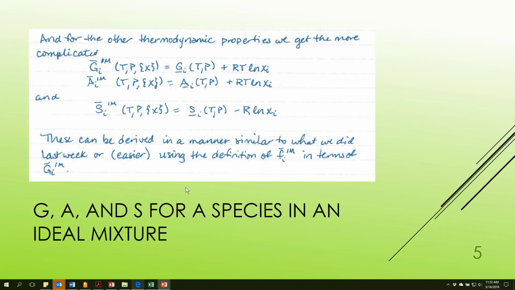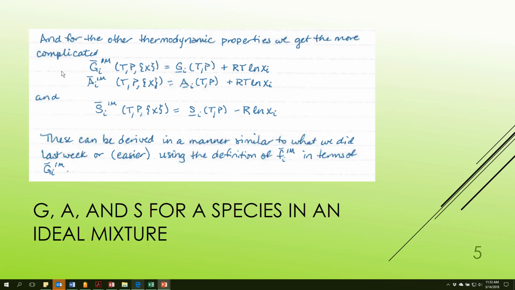For the other thermodynamic properties, it gets a little bit more complicated because we are going to have some mixing. These all involve entropy, which involves a measure of disorder. And so therefore, the amount of each species will matter. You can derive this either from statistical mechanics or using the definitions that we did in the previous lessons.